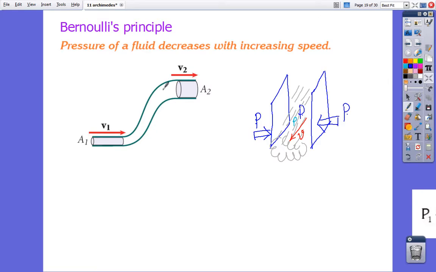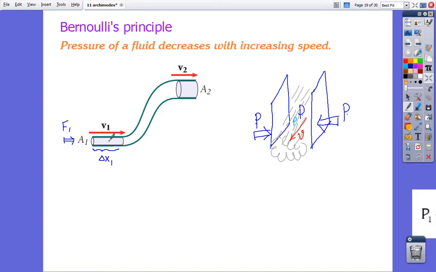In this case, if we fill this pipe with water, the water will flow to the left naturally, but we will apply some force at the end of this pipe on the left, so it moves to the right as far as delta x1.